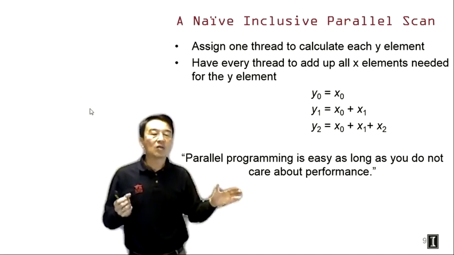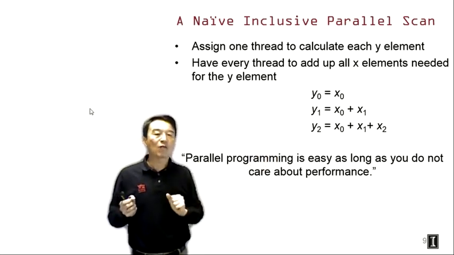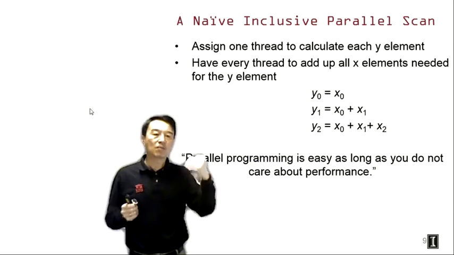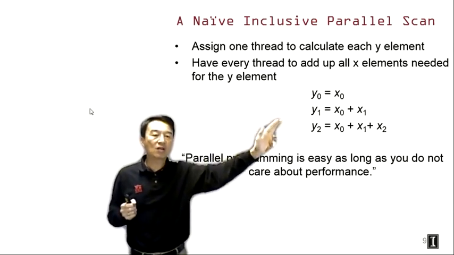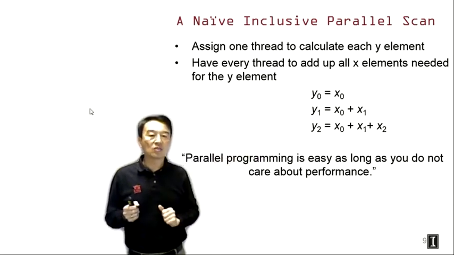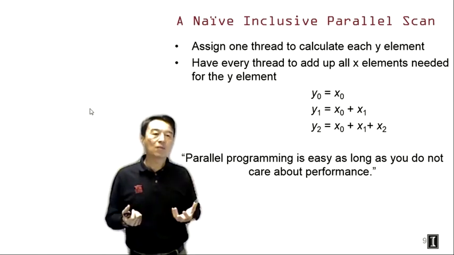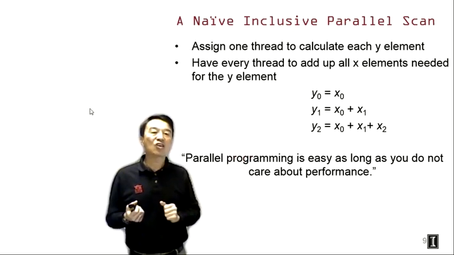So it will take just the same amount of time as the sequential algorithm for that last thread to finish. So this parallel algorithm is not going to finish any faster than the sequential algorithm, and meanwhile it's consuming a whole lot more execution resources. If we're just doing parallel programming for the sake of doing parallel programming, we can write things like this, but it's not going to do anyone any good.